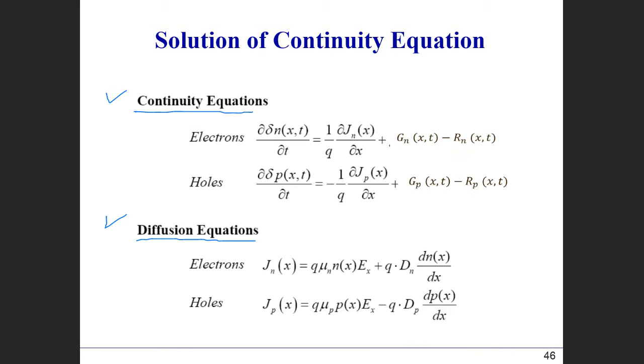By solving these two equations, we can calculate the current throughout the device and also all the carrier concentrations throughout the device. Both the continuity equation and the diffusion equation are also separated into the electron case and the hole case.